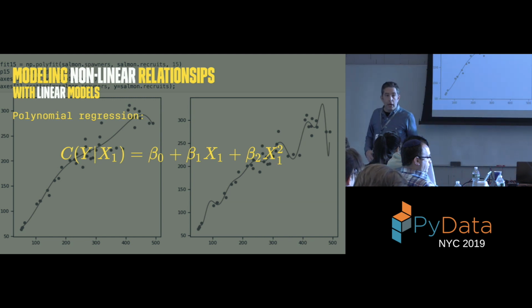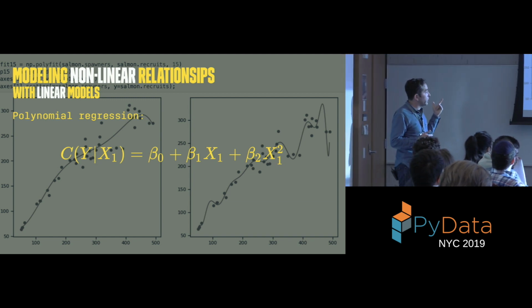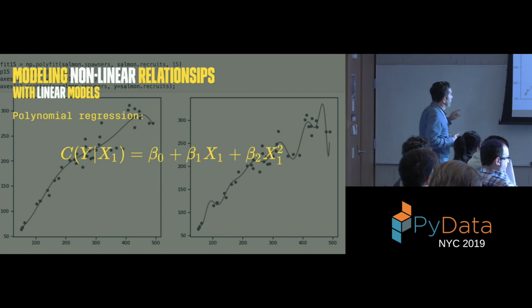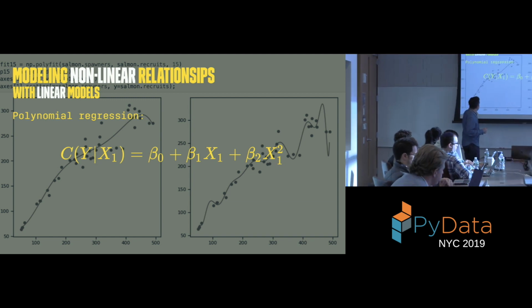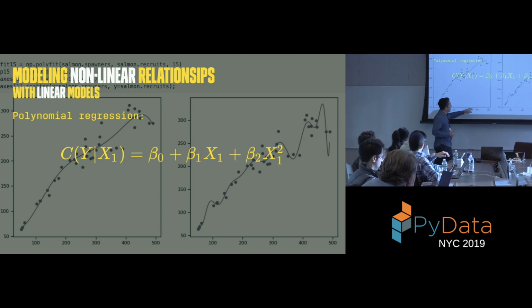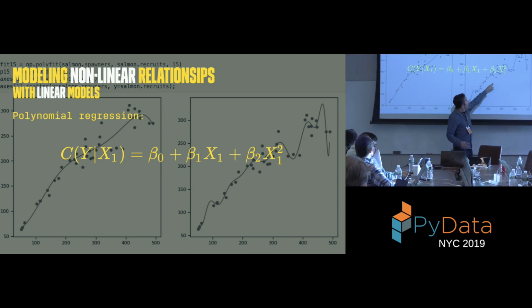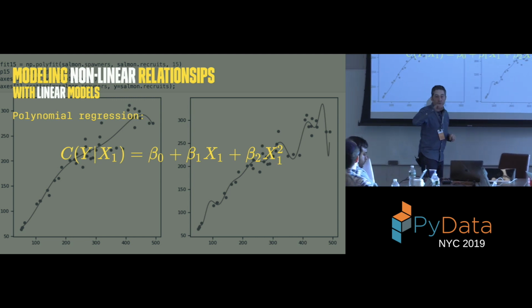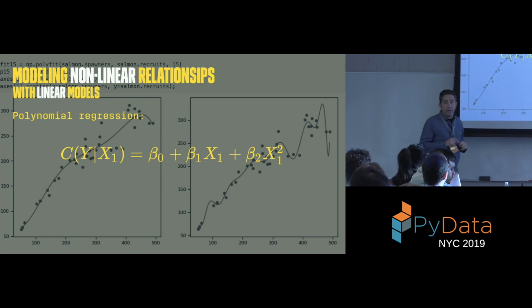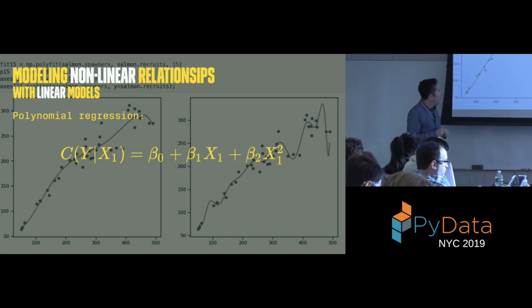Another way of dealing with nonlinearity without leaving generalized linear models is to do polynomial regression, right? Where even with one predictor, spawning salmon again, we could take number of spawners squared and add this polynomial term, make it quadratic. We'll actually do this in the hands-on example. And you can go crazy.